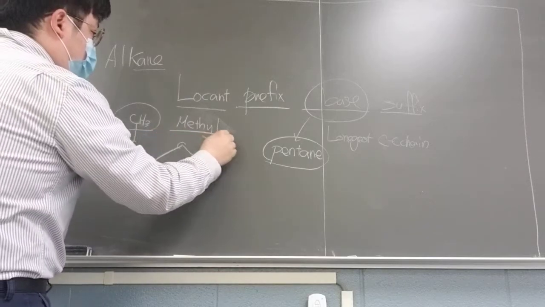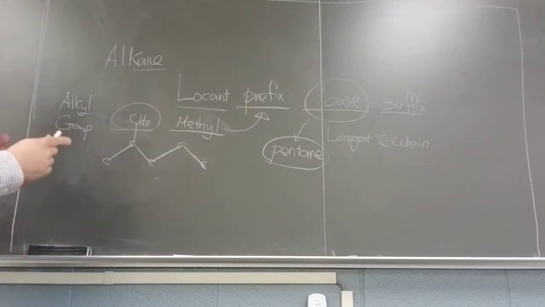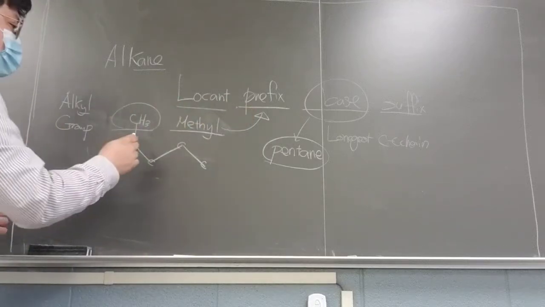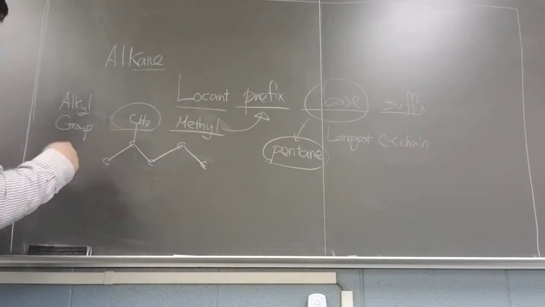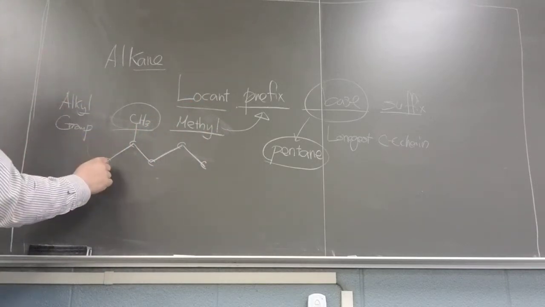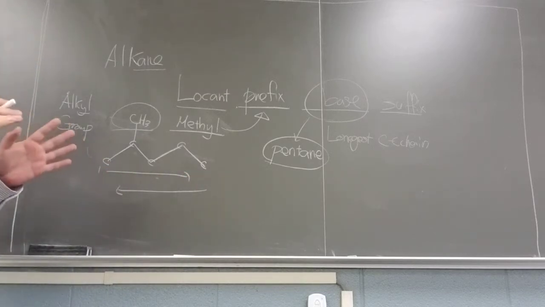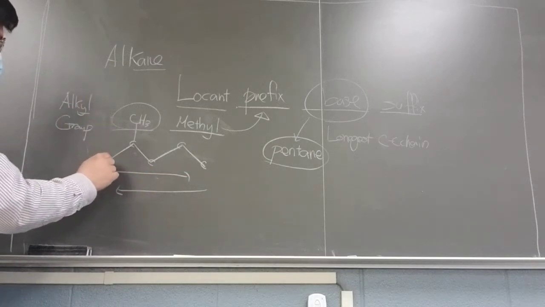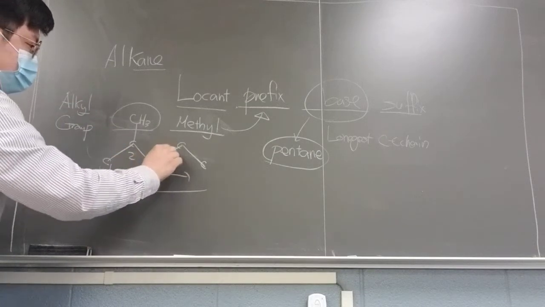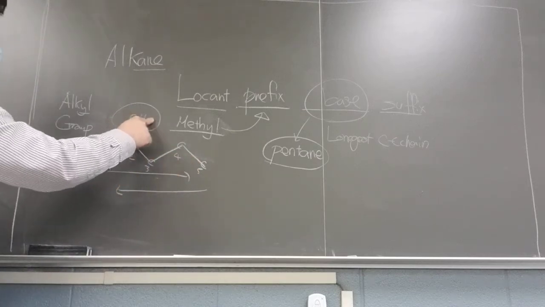And then now we have a prefix, our additional group. We just try to find the locant for this one by counting the carbons from either left to right or right to left. In this case, I'm going to count the carbon from left to right, because that gives you carbon 2 with the additional group.